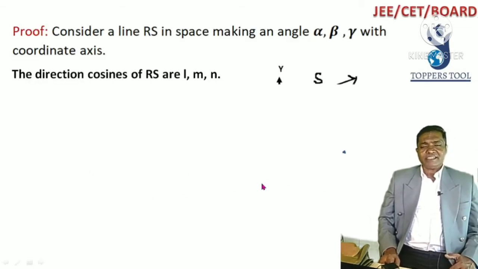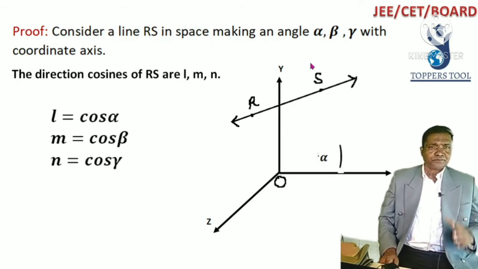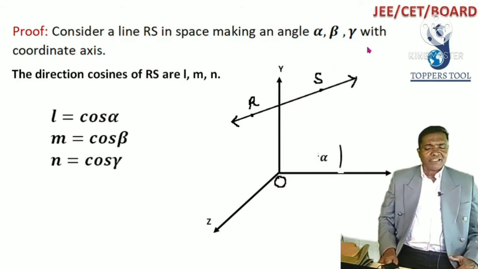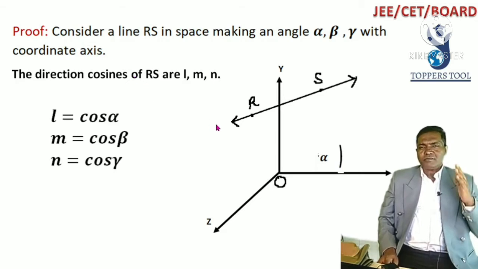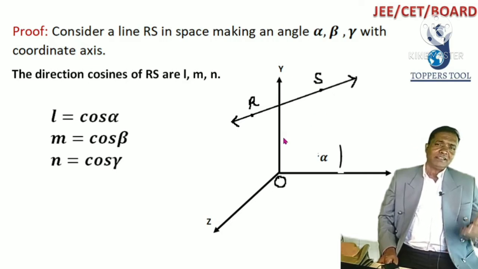So consider a line in space RS making an angle alpha, beta, gamma with coordinate axis. So you might be thinking of the line in space and how can it make alpha, beta, gamma with x, y, z axis.